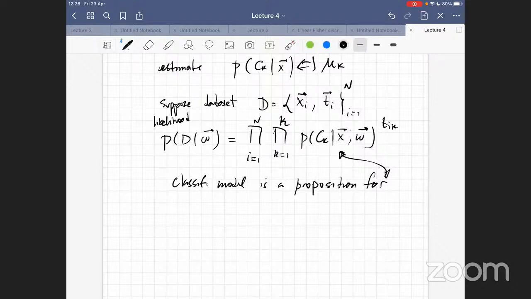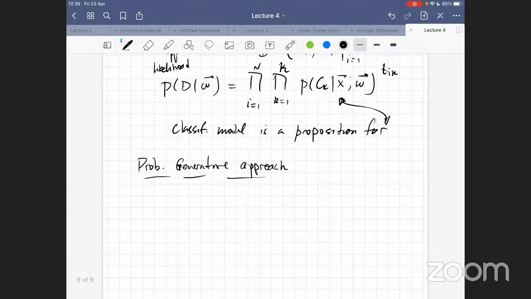The first one is a probabilistic generative approach, where in order to model this object, what this generative approach does is to model this object first. This is CK. And then with this, it goes to the object we are interested in at the end of the day.